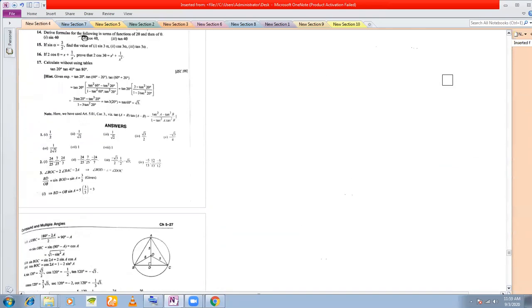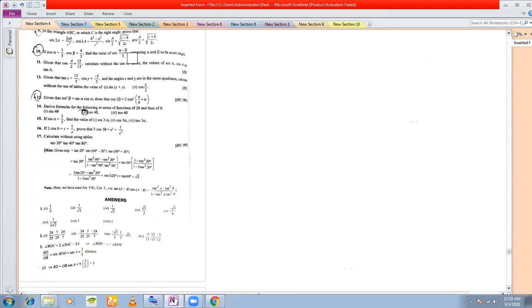Okay, so let's move on to the next one. Given, this is number 13. Given sine square beta is equal to sine alpha cos alpha. Show that, to prove, cos 2 beta is equal to 2 cos square pi by 4 plus alpha.